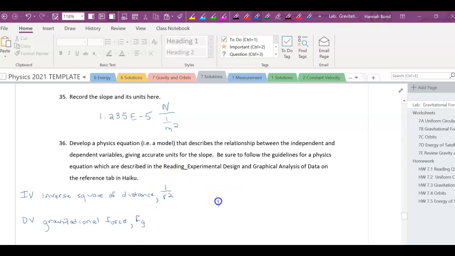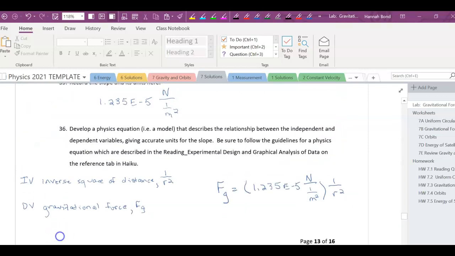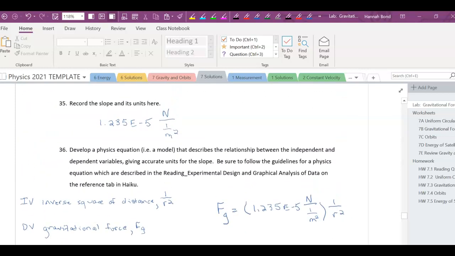Okay, so now we have a graph where the gravitational force equals my slope, times 1 over r squared, the inverse square of the distance r. Okay, that is experiment 3.